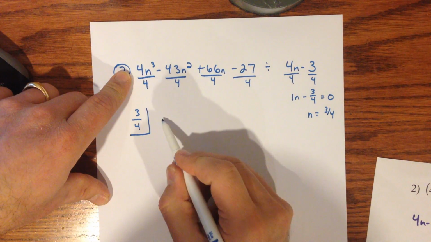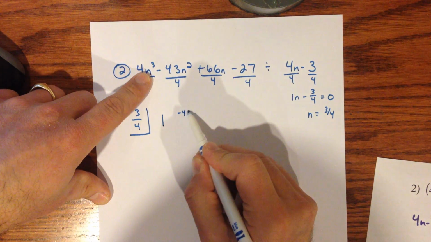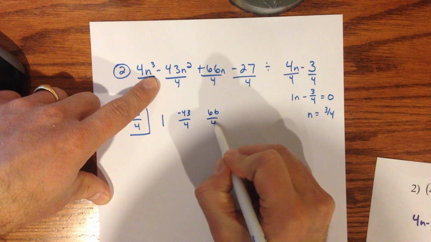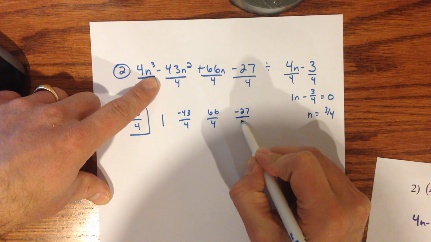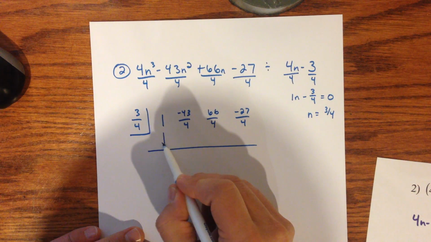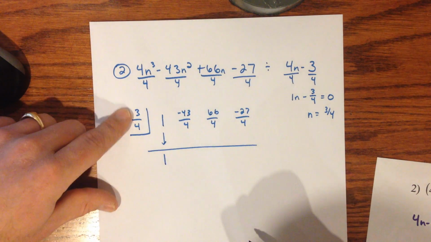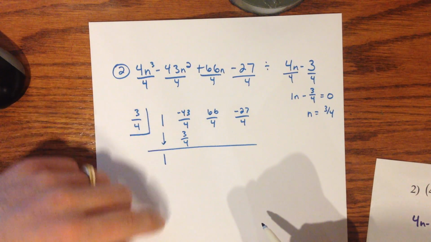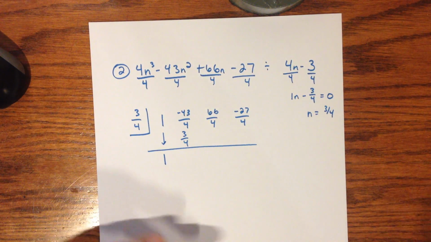So that's what's going to be in my box. And then I have 1, negative 43/4, 66/4, and negative 27/4. Bring this down. 3/4 times 1 is just 3/4. To add those two together is not that big of a deal.